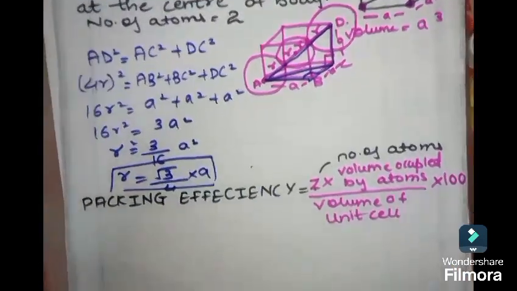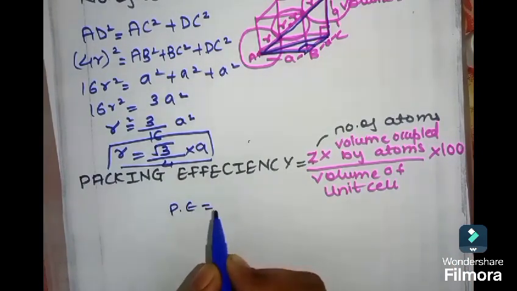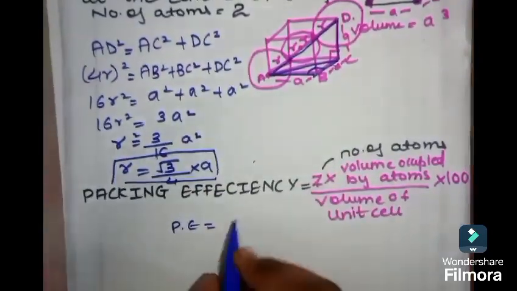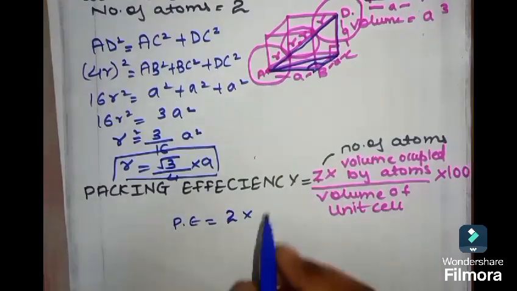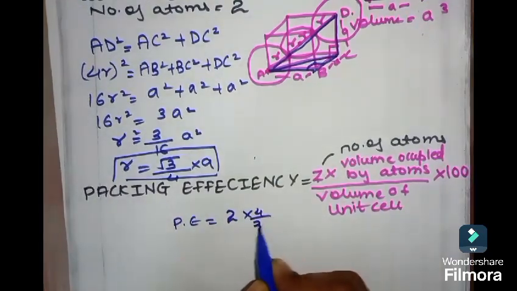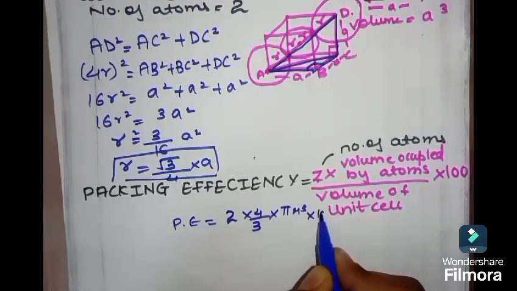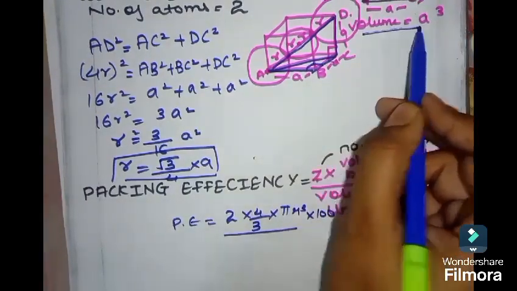So we will just write this formula. Packing efficiency is equal to Z. Students, for BCC the number of atoms, that is Z, is 2. So we will write 2 into volume. The formula of volume of a sphere is 4 by 3 pi r cube, and then there is 100 over here. The volume of unit cell we have already derived over here, it is A cube.